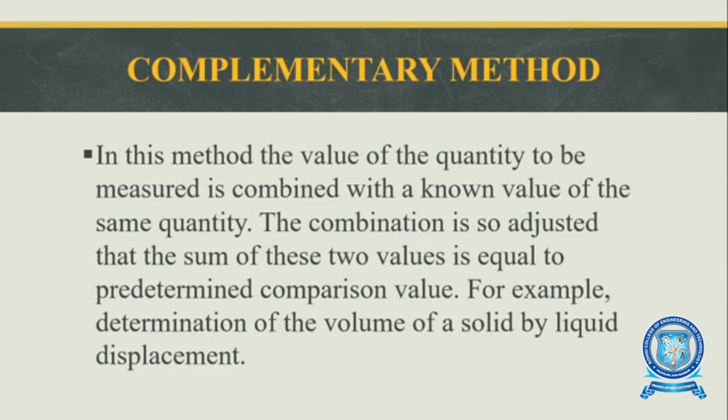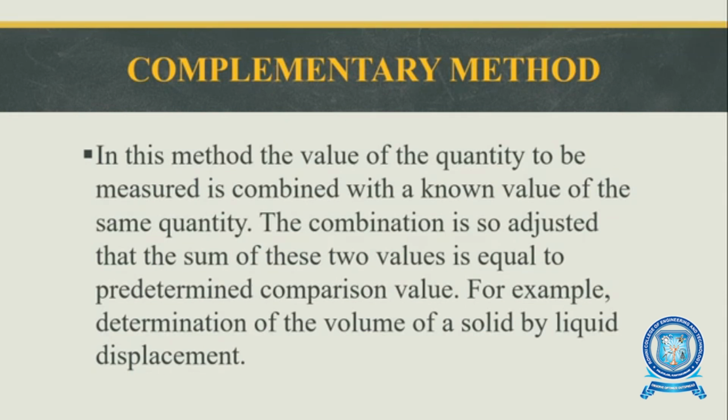The value of some product or object is measured and combined with the known value of the same quantity. The object value is measured, and that value is compared with the known value of the same quantity.